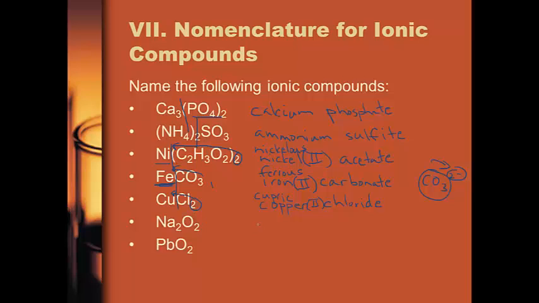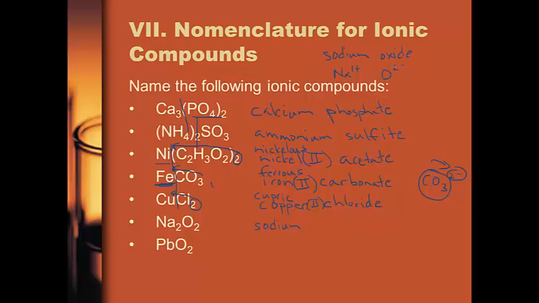Now the next one is sodium. And you see the O, and it looks like, oh, that's just oxide. But if I told you it was sodium oxide, you would write the formula saying sodium's column 1, Na 1 plus, oxide is oxygen, column 6, that's 2 minus.